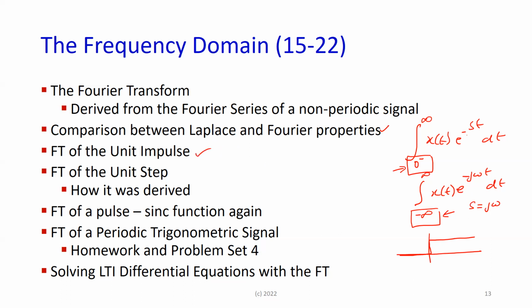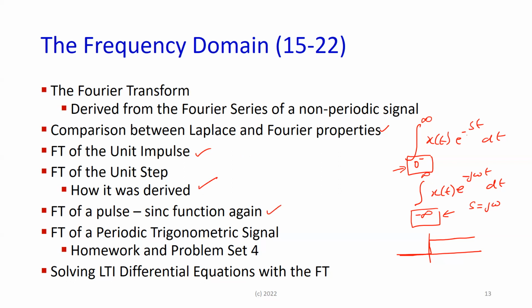We did the Fourier transform of an impulse, where we saw the frequency content, which is the Fourier transform of the signal, was infinite for an impulse, which is why, when you put an impulse onto a system, the system has such a significant response to it. Then we derived the step.